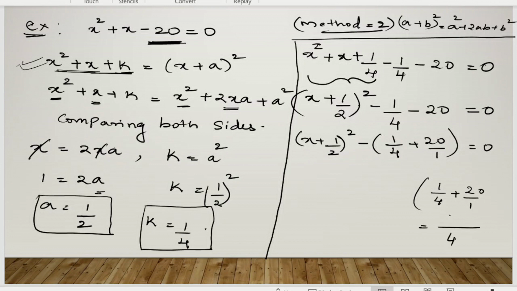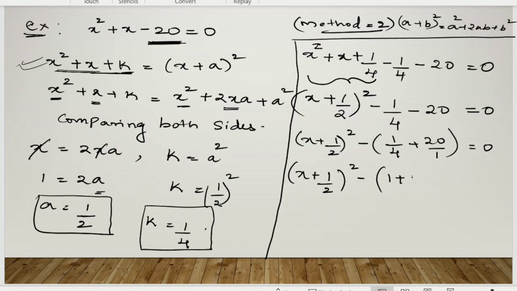You will have (1 + 80)/4, which is (x + 1/2)² minus (1 + 80)/4 is equal to 0, which is (x + 1/2) whole square is equal to, I'm just sending this to RHS, you will have 81/4.